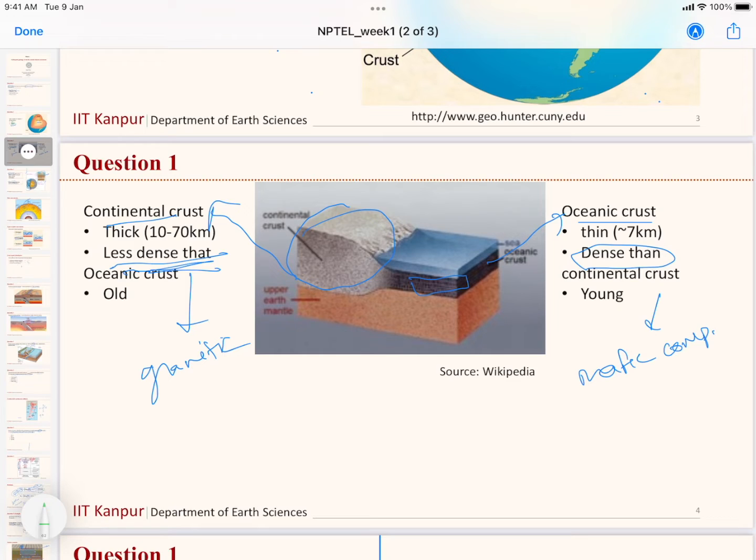The thickness of continental crust varies from 10 to 70 kilometers, in contrast to oceanic crust, which has only 7 kilometer thickness. And that's why in this isostasy figure, like in the Airy model, we have a very thin oceanic crust.